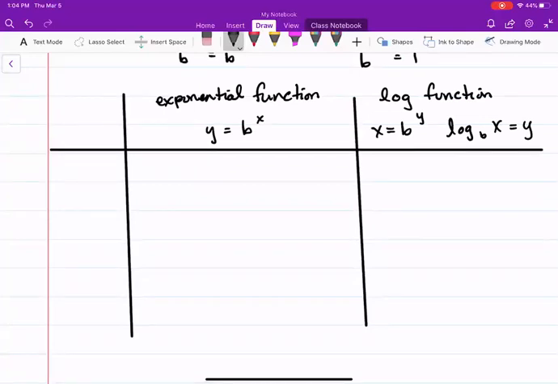So let's talk about some of the characteristics of these functions on the graph. So intercepts. Actually, let's do it this way. So what was the exponential function? What was the intercept?